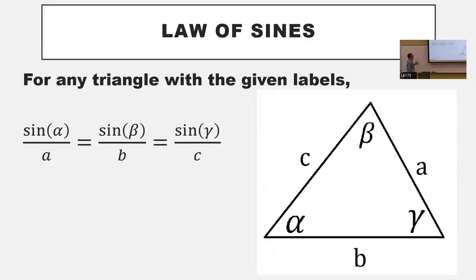So law of sines says this, and that should make sense because if we have a bigger angle, then the side opposite of that should be a longer side. Does that make sense? The bigger angle corresponds to the side opposite being longer.